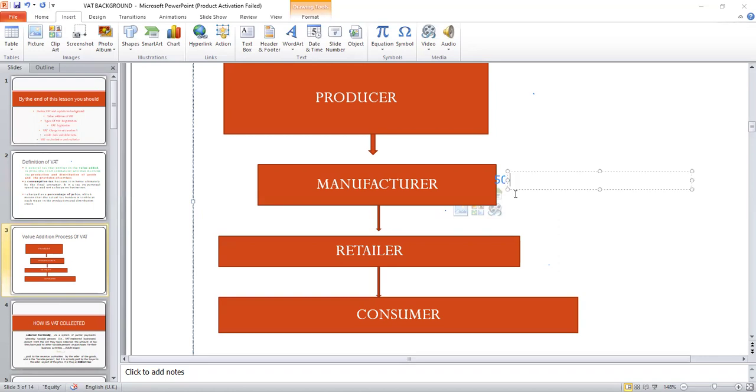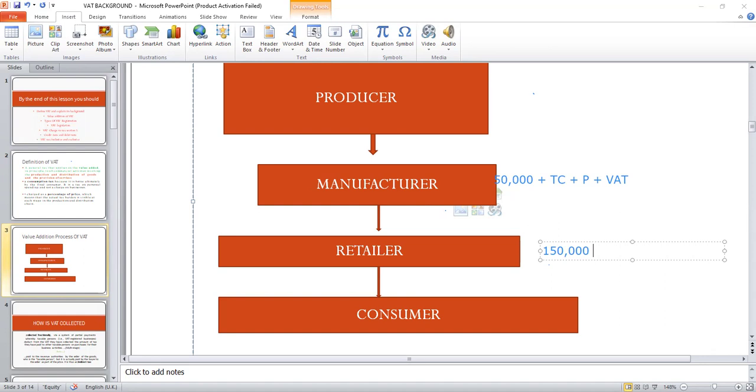That means by the time the retailer receives the goods, it will be at, let's say, 150,000. This 150,000 is the price which the manufacturer sold to the retailer, which includes the transport cost, the profit, and the VAT.